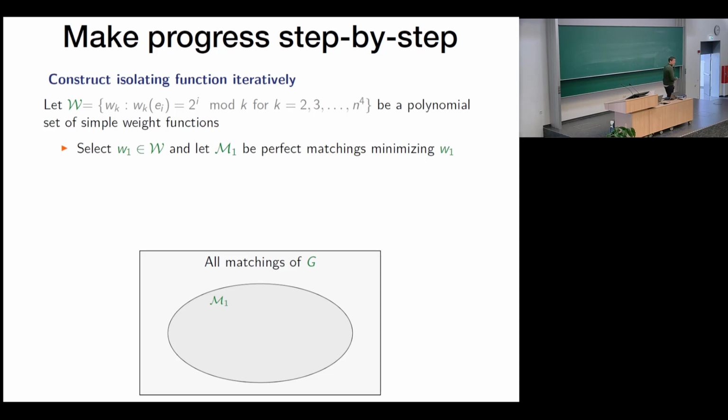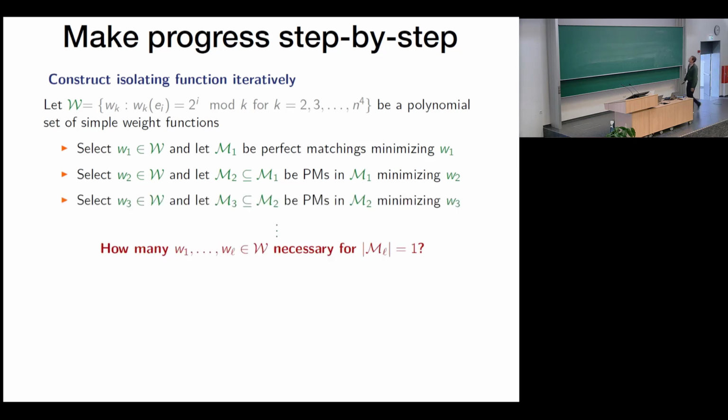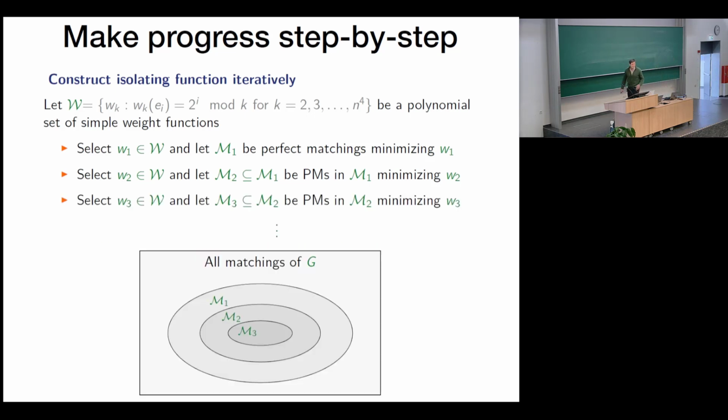If there's a unique matching that minimizes this weight function, I'm done. Otherwise, let's just continue. Let's select W2, and let M2 be those matchings in M1 that minimize W2, and so on. And I continue until I have found a bunch of weight functions so that if I minimize them lexicographically, the matching will be unique.